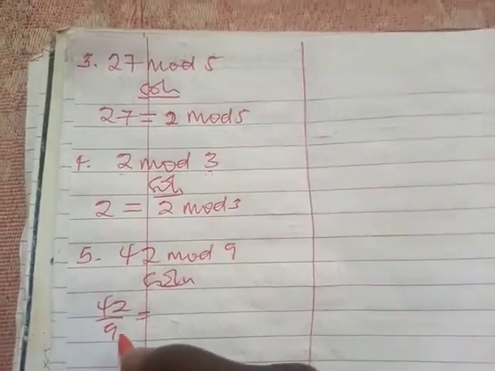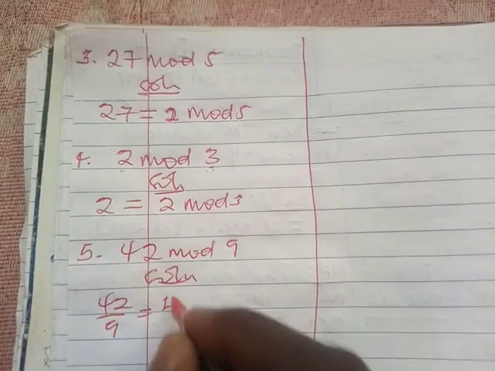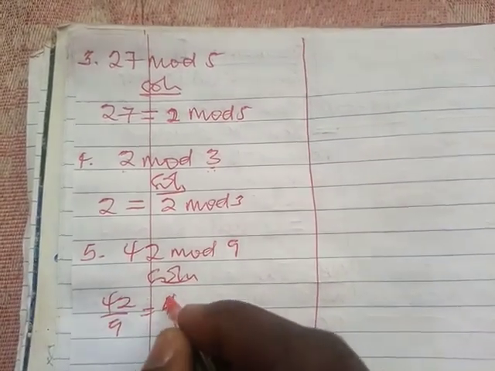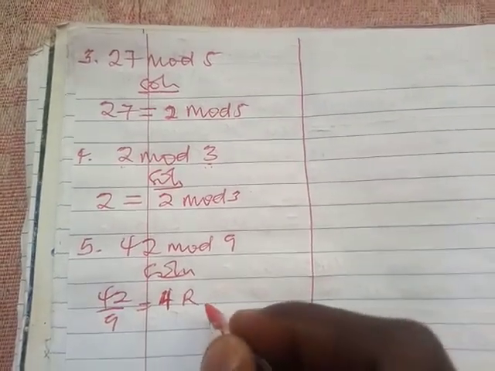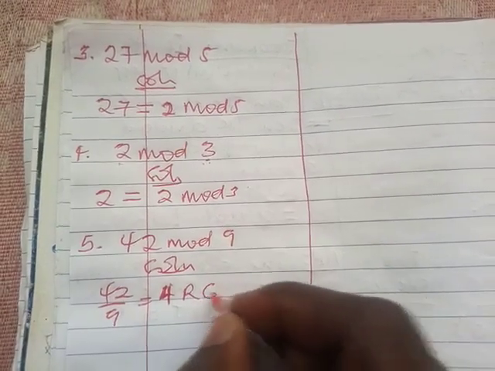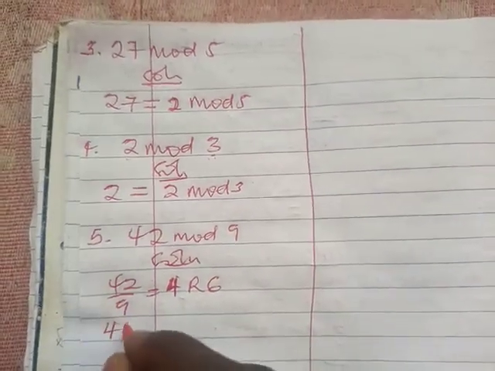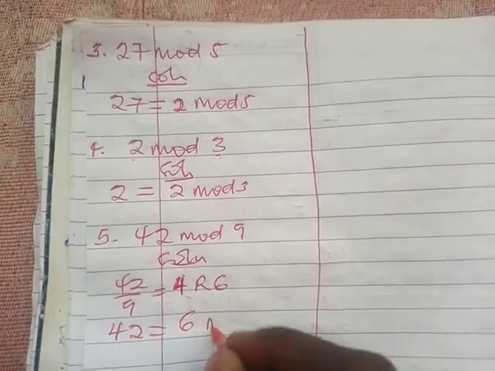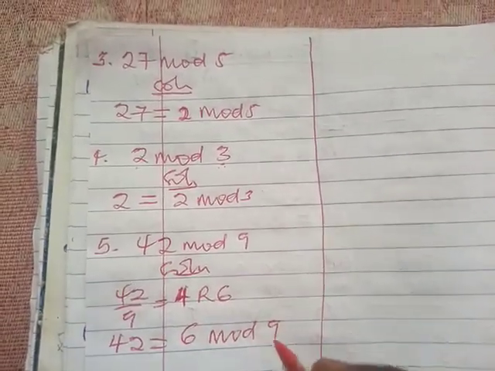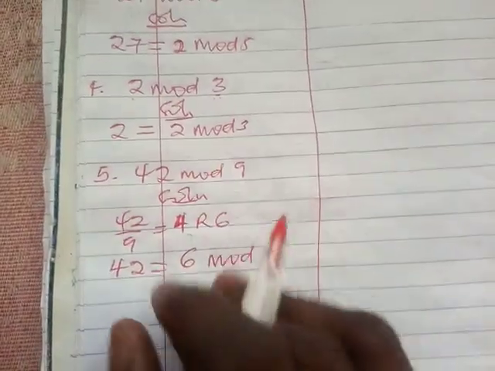So we can't go for 5, so we go for 4. So 4 times 9 is 36, remainder 6. So therefore 42 is equal to 6 mod 9. So that's how it works.